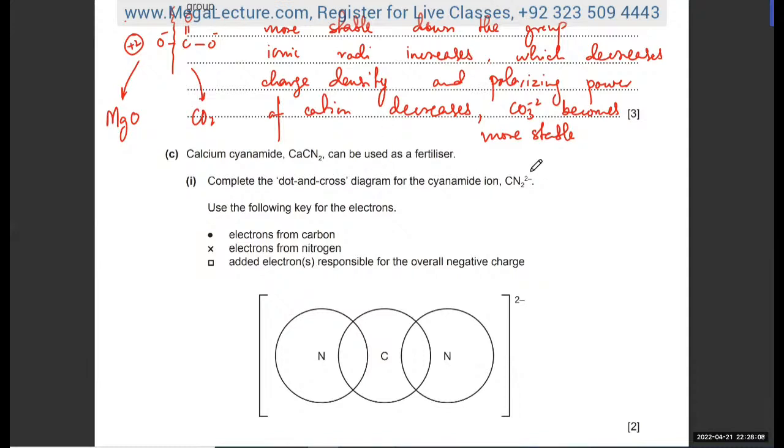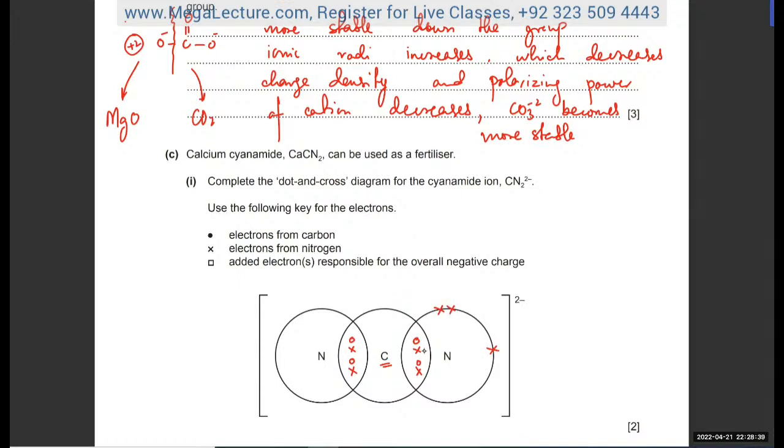So this one, CN2 2-, right? Now we know that carbon makes 4 bonds. So carbon is going to make a double bond on this side, and another double bond on this side. So carbon has its 8 electrons. Nitrogen has a total of 5 electrons. Right now, 2 of them are being shared, so 3 electrons are left.